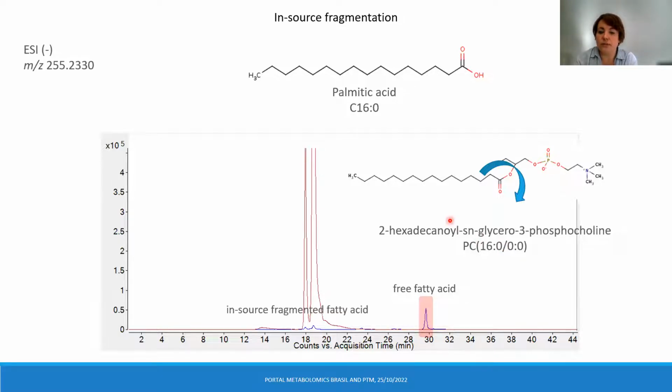And this makes a lot of sense if we look at the polarity of those compounds, because free fatty acid is quite non-polar, and that's why as a free form, it elutes as the last one here, but the presence of the phosphocholine group increases the polarity of the whole molecule enough to make the retention time almost half of the free fatty acid's.